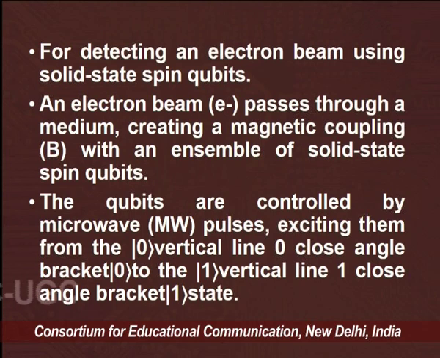The qubits are controlled by microwave pulses, exciting them from the vertical line 0 state to the vertical line 1 state. So that is defined by the 0 and 1 state.